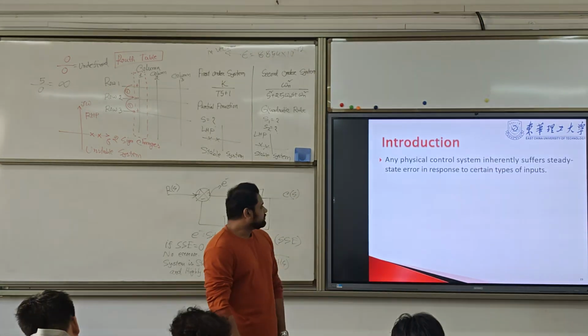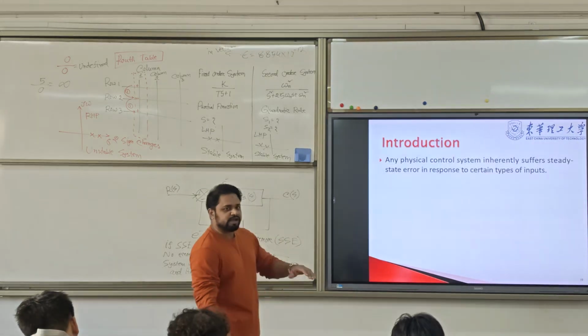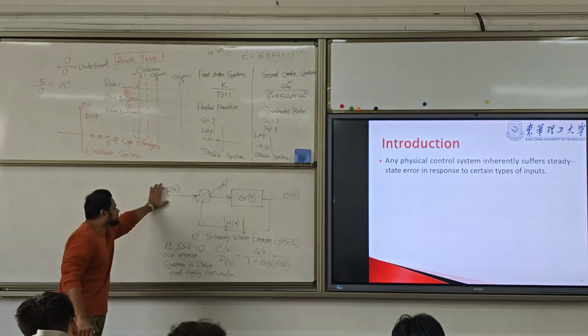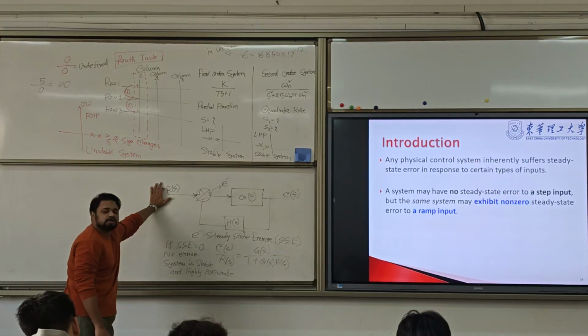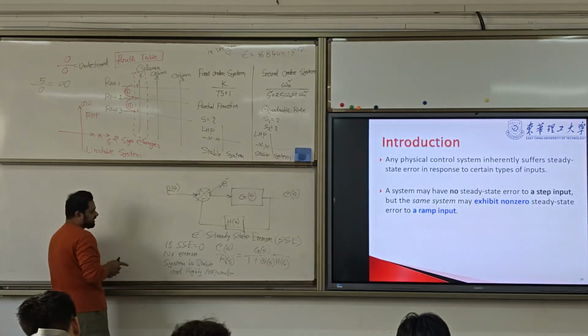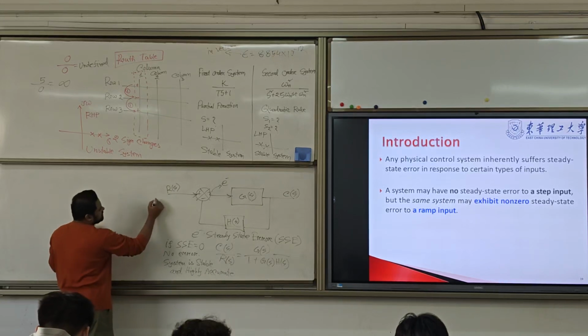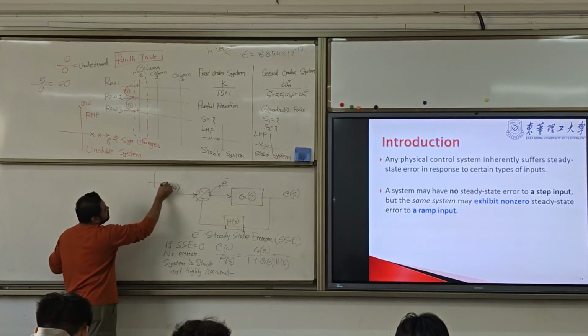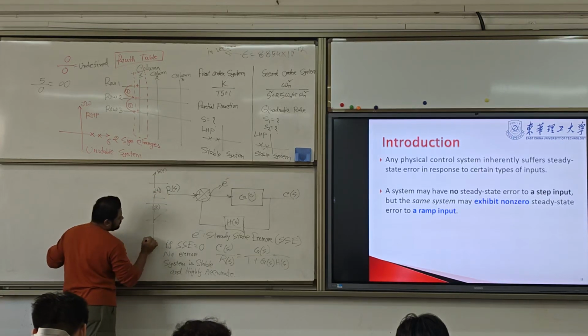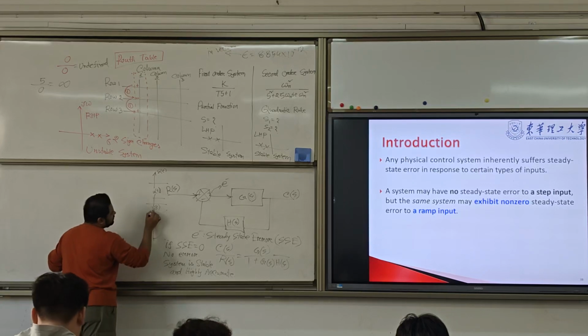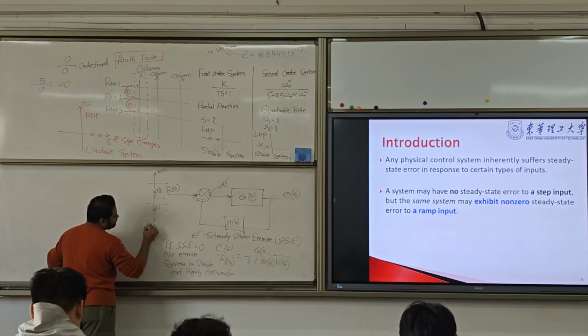Here, this error responds to different types of input. This R(s) can be anything. Suppose this can be delta(t), R(s), or u(t), or ramp r(t), or parabolic p(t).